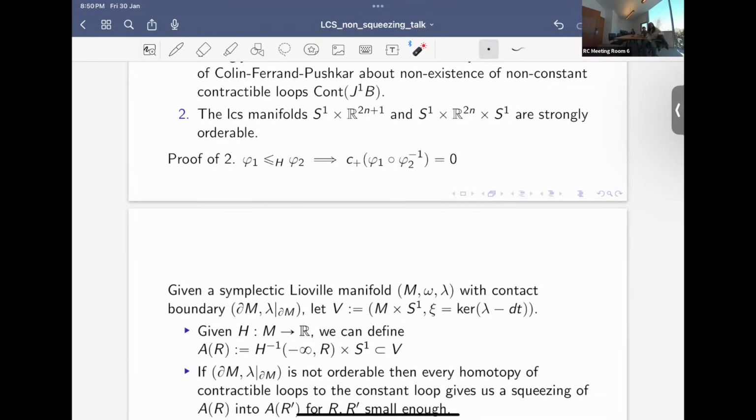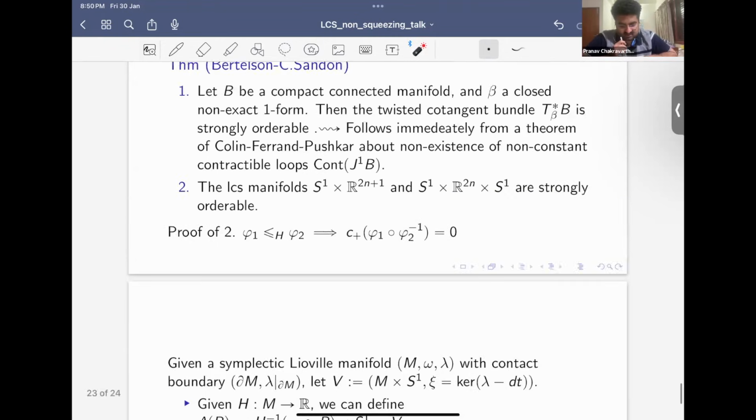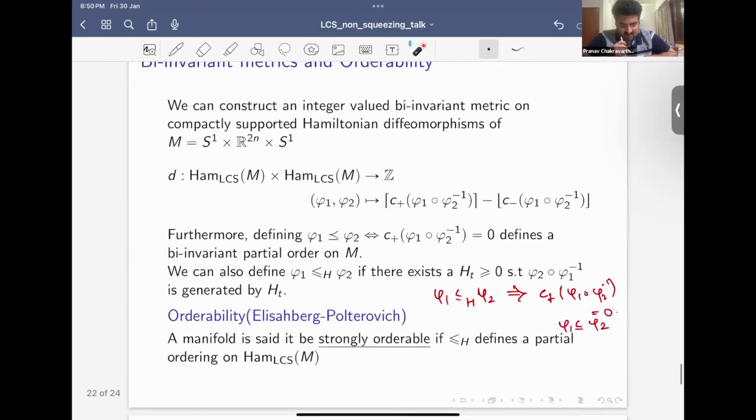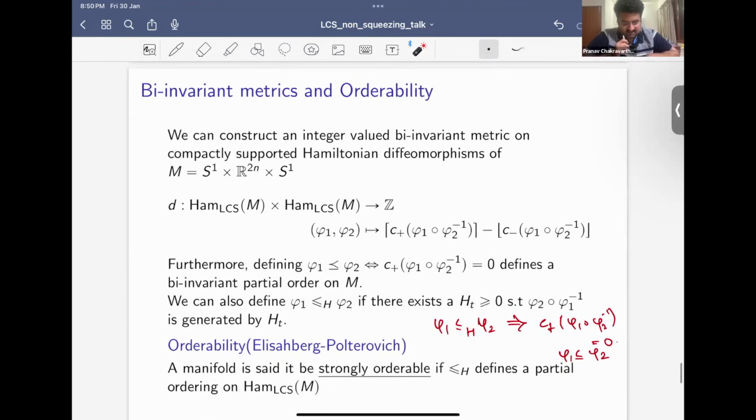Okay, so Dylan has another question. Well, this is the analog of the Hofer metric, I guess. But you wanted a norm.